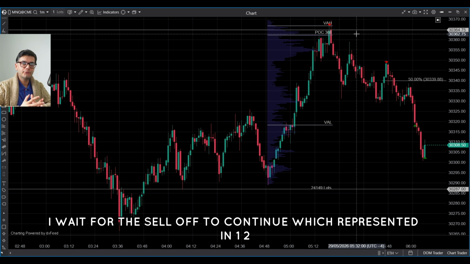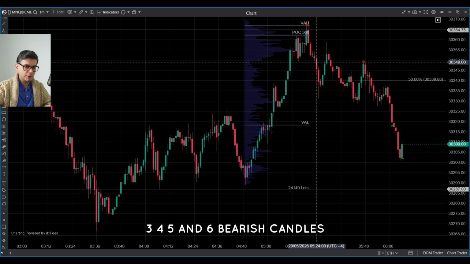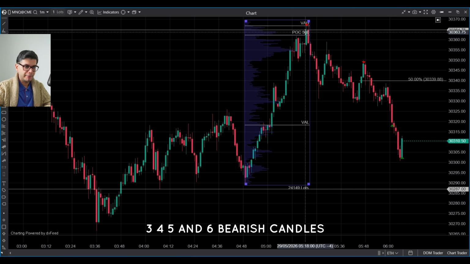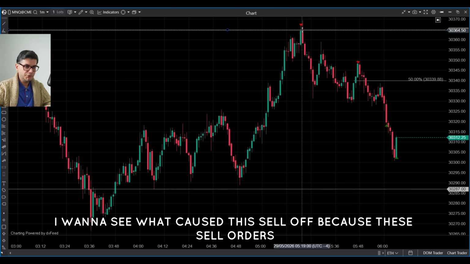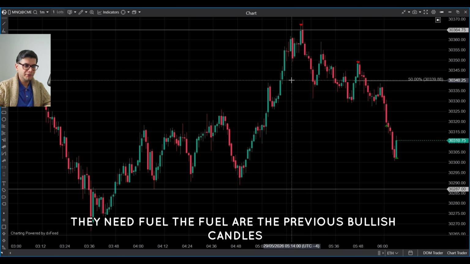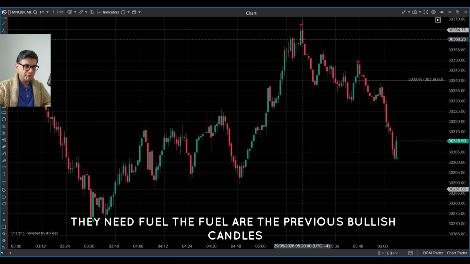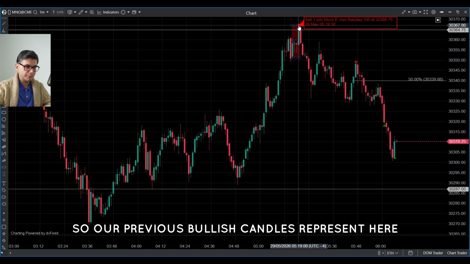Therefore I wait for the sell-off to continue, which is represented in 1, 2, 3, 4, 5 and 6 bearish candles. That's a big sell-off. When I see that sell-off, I want to see what caused it, because these sell orders need fuel. The fuel is the previous bullish candles. So our previous bullish candles are represented here.